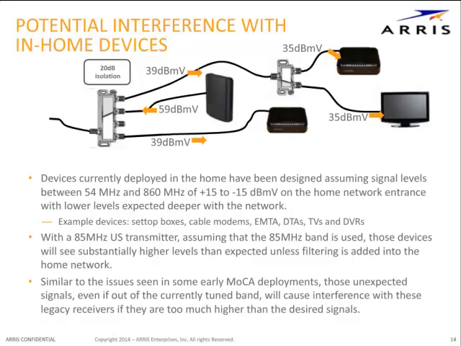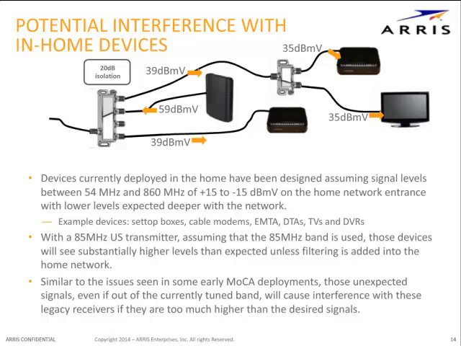Now, this happens right now when a cable modem transmits in the current 5 to 42 band. And all the devices have been designed expecting those signals. But with the 85 megahertz transmitter, when it's transmitting above 42 megahertz and crossing really above 50 megahertz, this is part of the receive band of these older devices. And when those devices see that substantially higher level, if there's no filtering, it can cause interference.